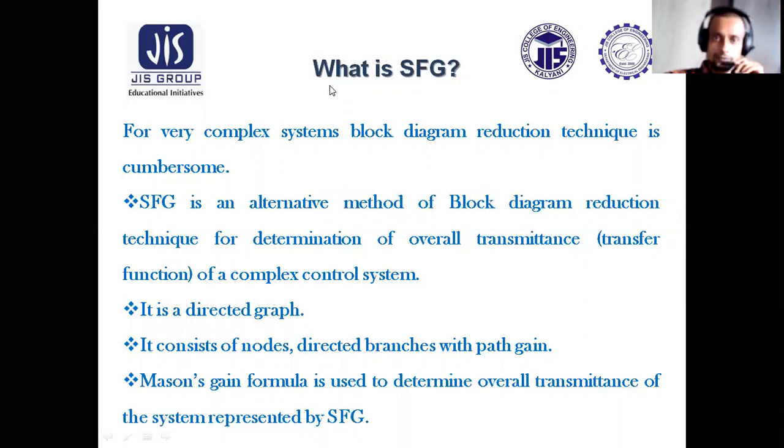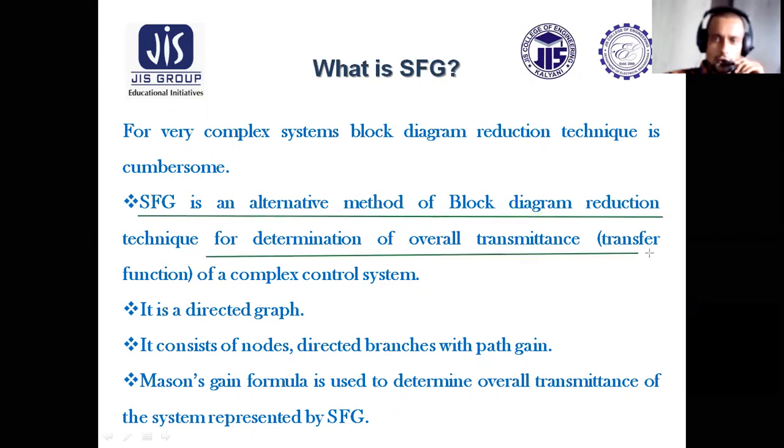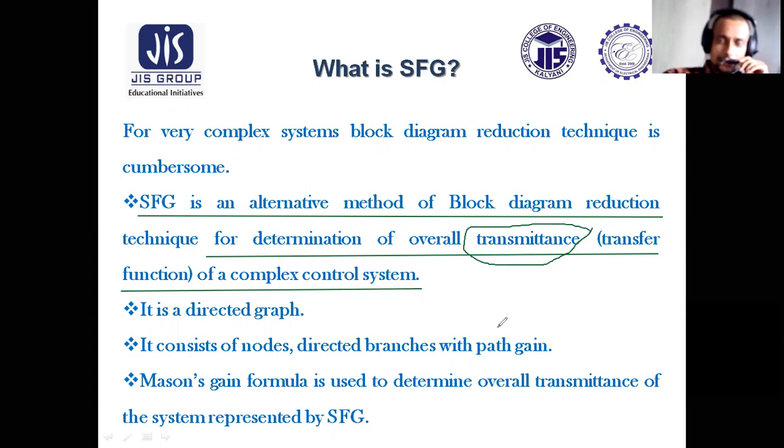Now, what is SFG? Signal flow graph is an alternative method, as I said, to block diagram reduction technique for determination of the overall transmittance or transfer function of a complex system. So a new term came here, that is transmittance. What is transmittance?